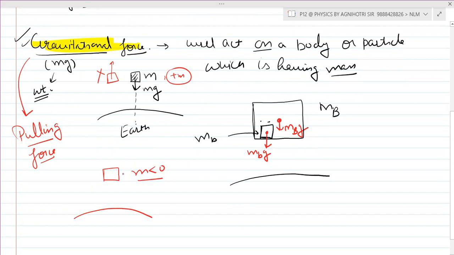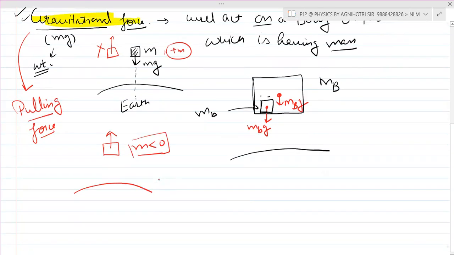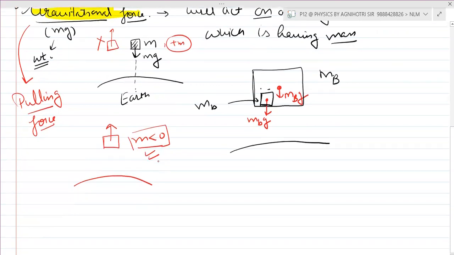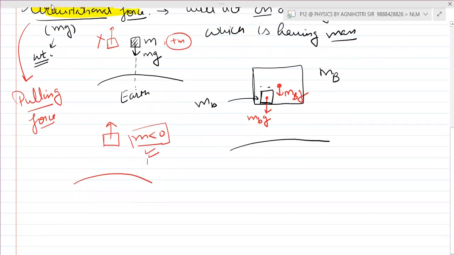No doubt that body doesn't exist. But if that body is having negative mass, this Earth now will push that body away from it. You should mind it. It's very simple. But the body's mass should be negative. Only then it will be pushed up.